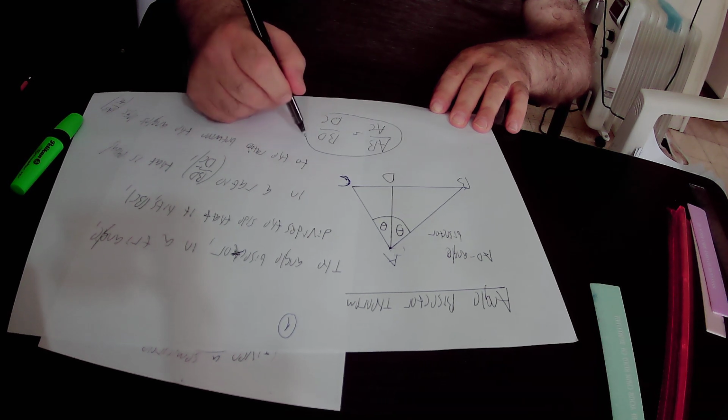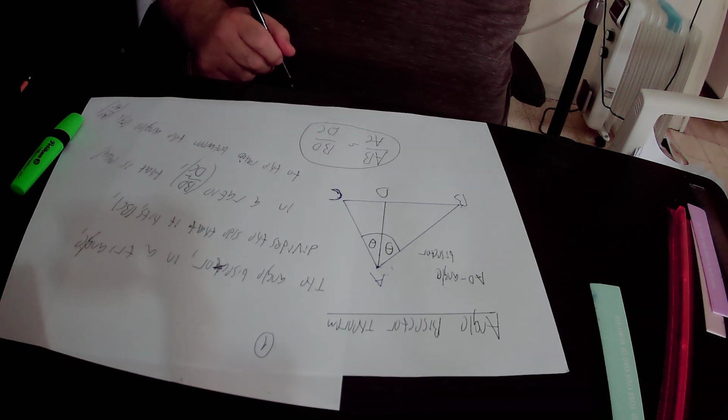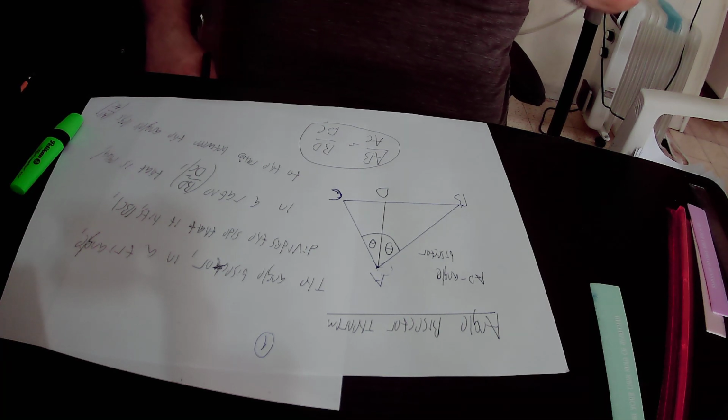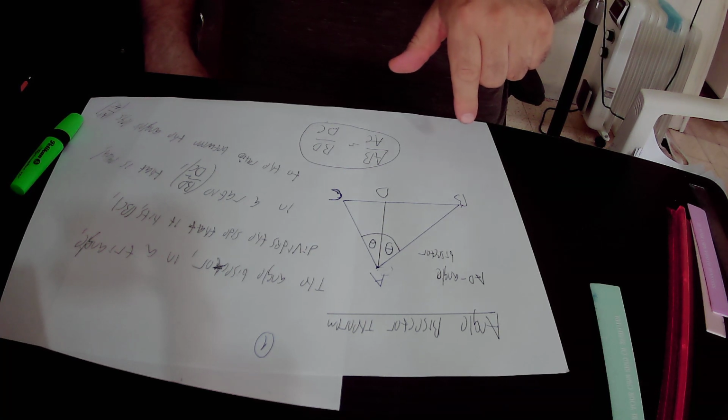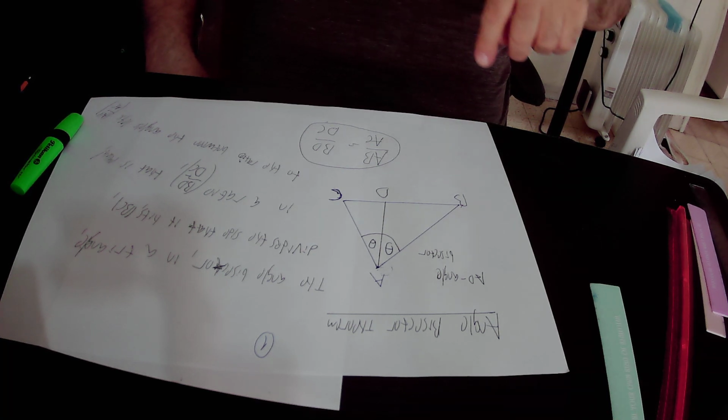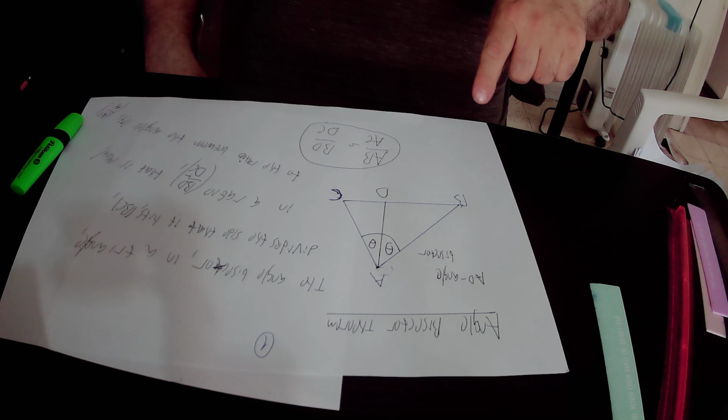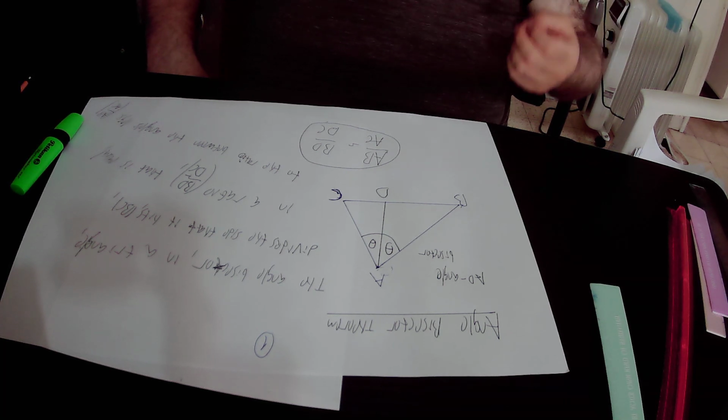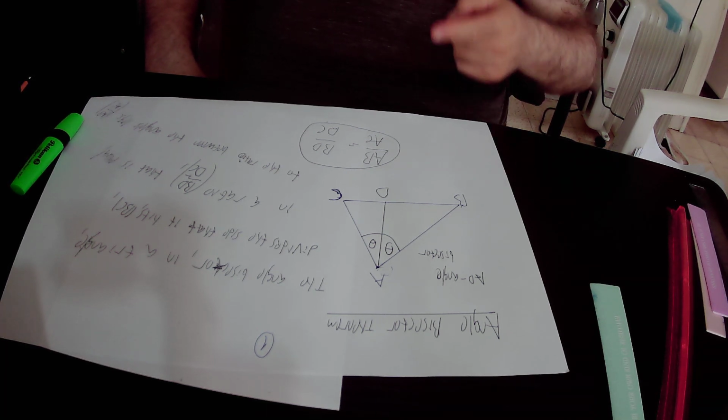Okay, I'll repeat again. The angle bisector in a triangle, that is to say AD, divides the side that it is related to, that is side BC, into two parts, BD and DC. The ratio between those two parts is BD over DC.